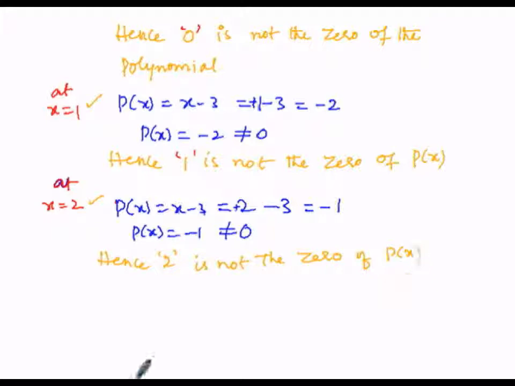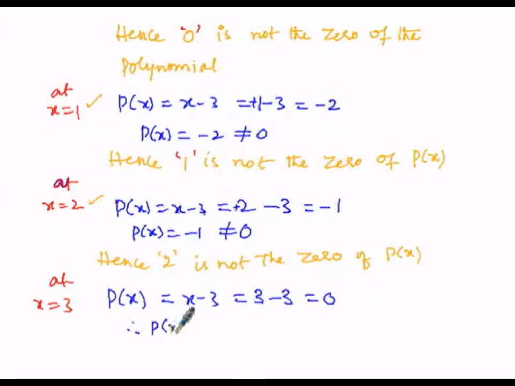Similarly, let us go for another number, that is at x is equal to 3 now. The given polynomial is p of x equal to x minus 3. Let us replace x by the value 3. So x replaced by 3, minus 3, is 3 minus 3, which is 0. Therefore p of x is equal to 0.